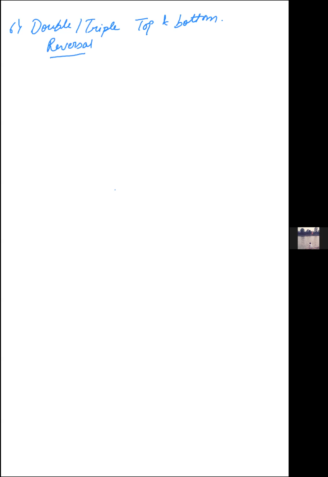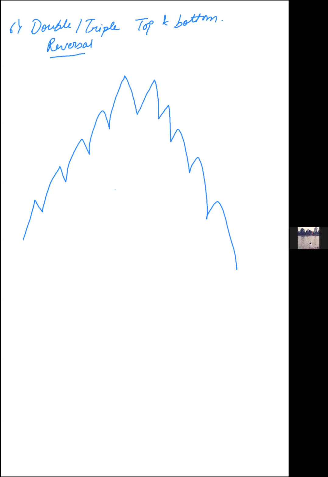A double top scenario somewhat looks like this. Here are my two tops. This is my neckline. Fine. And a double bottom will look somewhat like this.